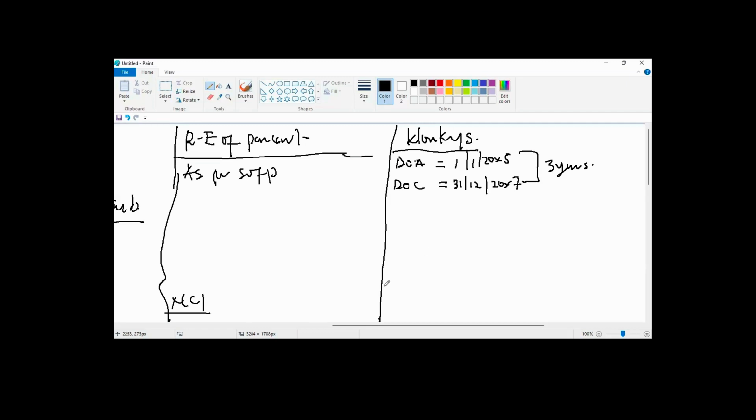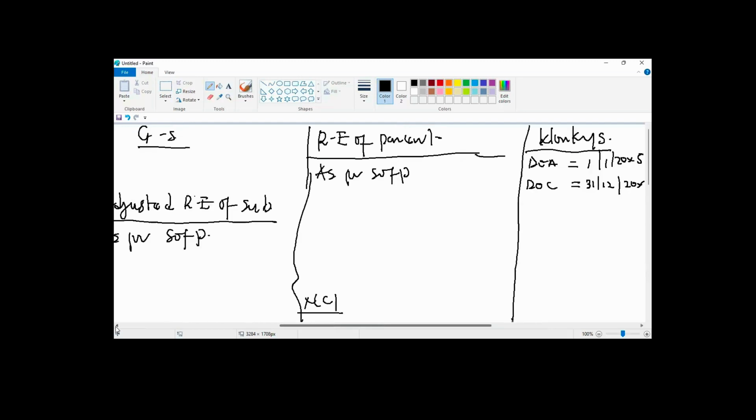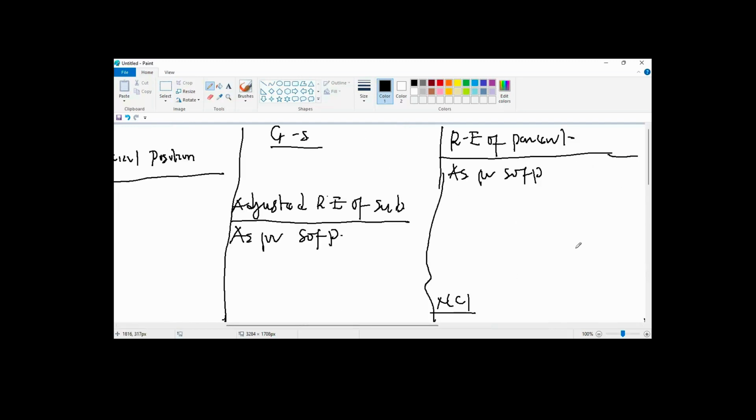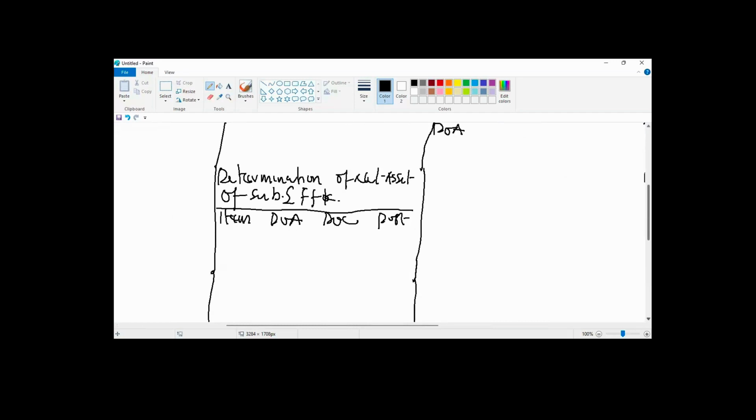Okay, I'll go to the net asset of subsidiary. What is the shares? That's the first one. According to the question, the share is 75.